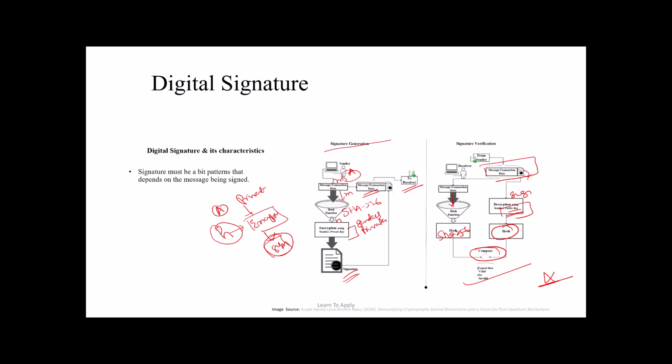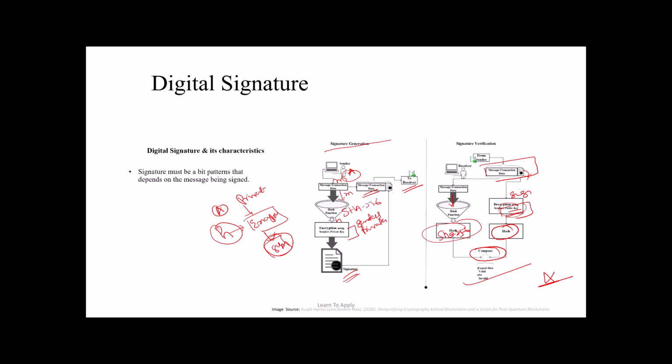So it guarantees two things. First, authentication: it was really A who signed, because the receiver was able to decrypt with A's public key. That guarantees authentication of A as the actual signer of the message. Other thing also, we have confirmed that the message has not been altered.